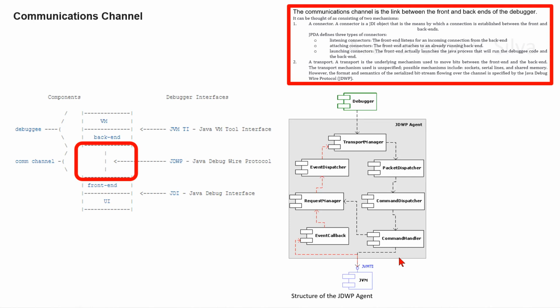This figure shows the dependencies between major JDWP agent components. Lines show dependencies between components of the agent. Red lines are for generating events, and black lines for command execution.